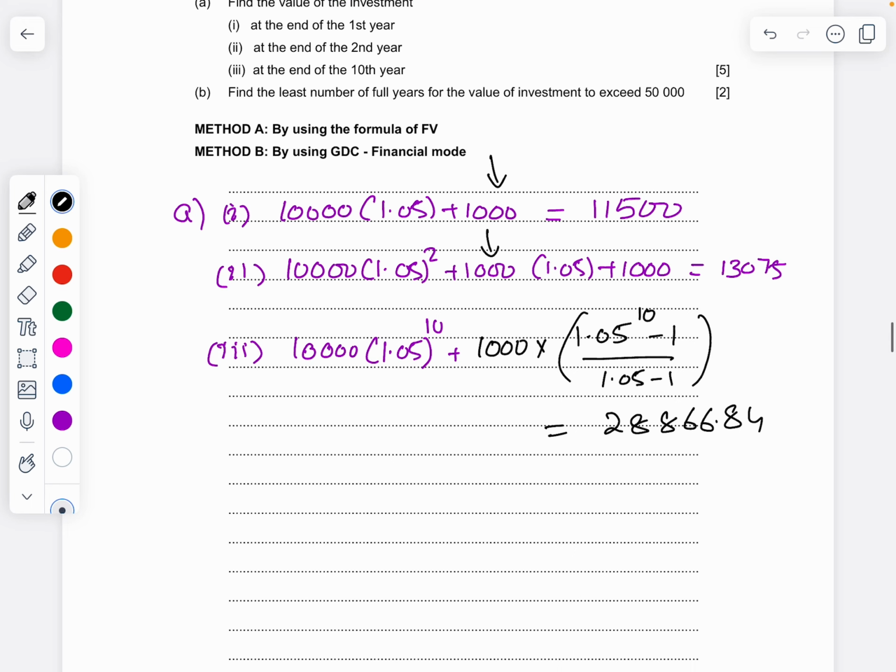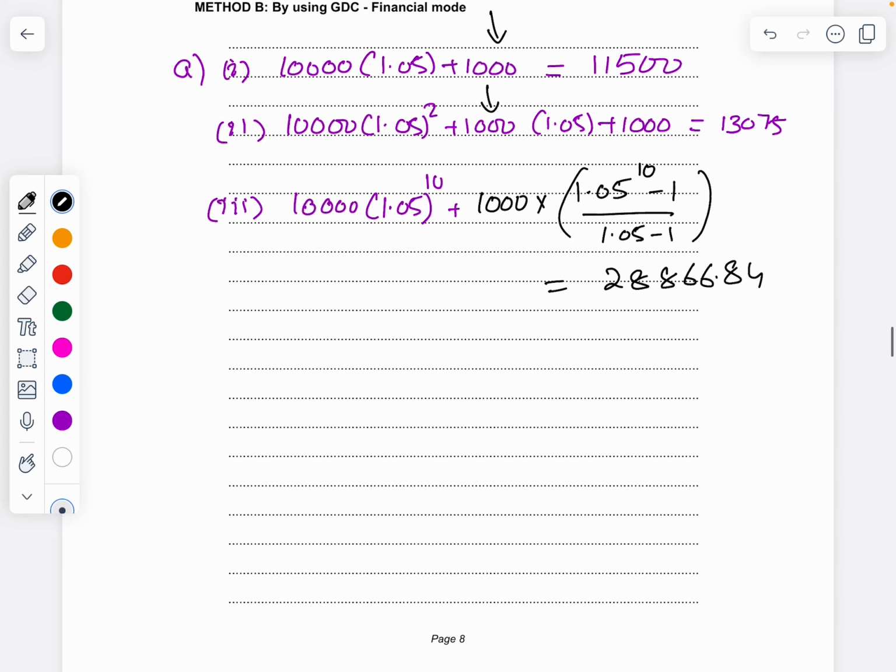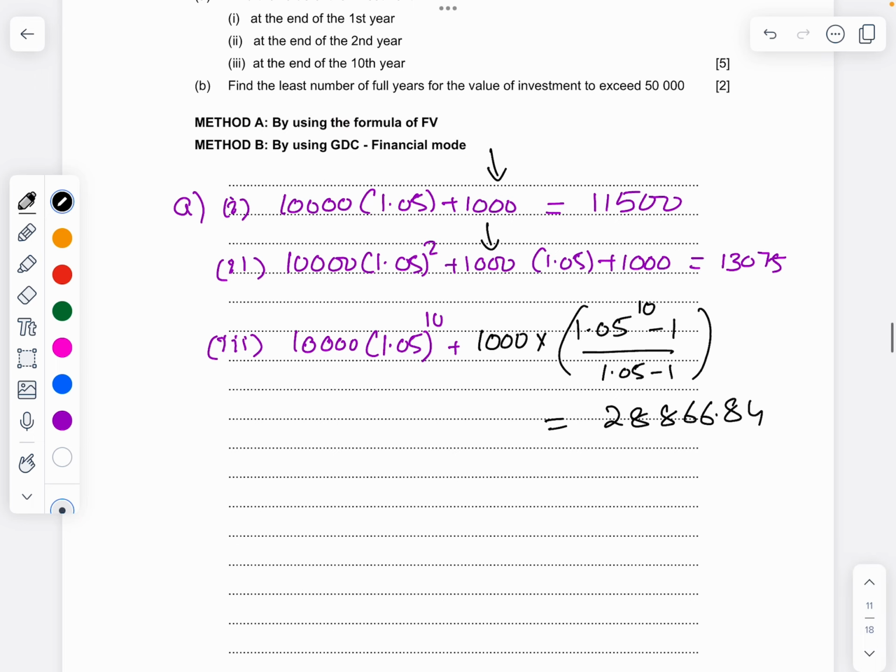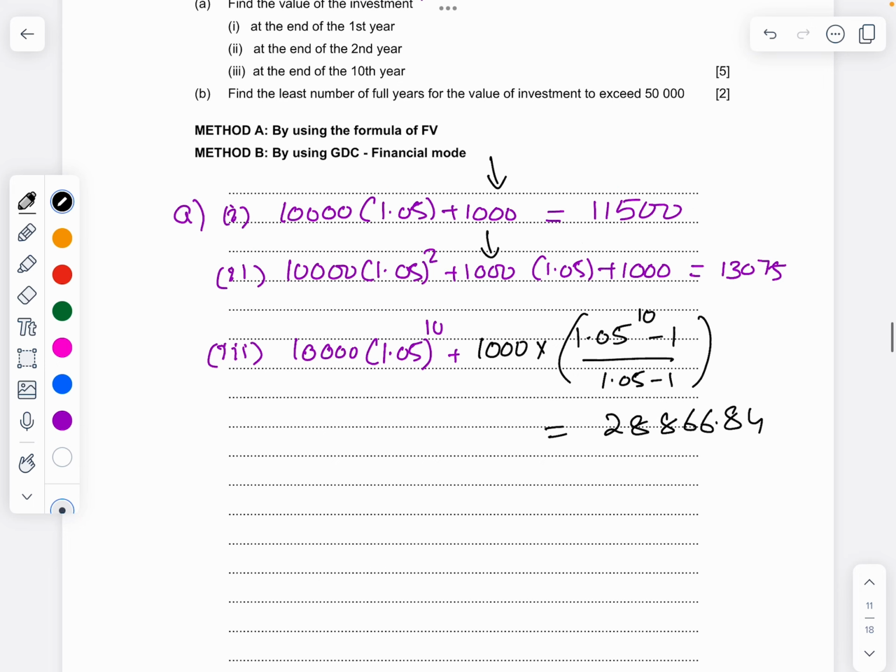Find the least number of full years for which the investment will exceed 50,000. For that, we'll be using the GDC. First of all, I'll do the same question part A with the GDC method.